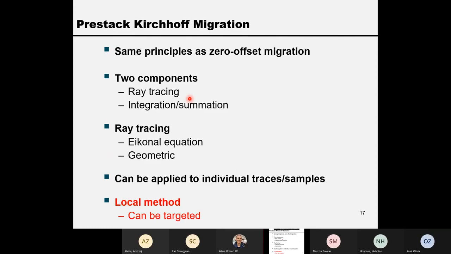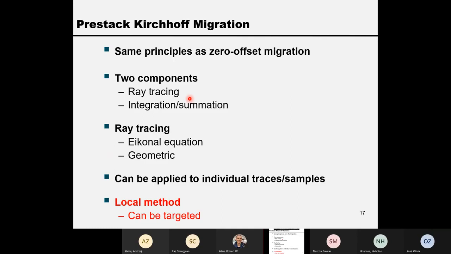Ray path means the strong energy package travelling around the subsurface, right? Physically, the ray path is not perpendicular to the wavefront. Ray path means the strong energy propagation path.